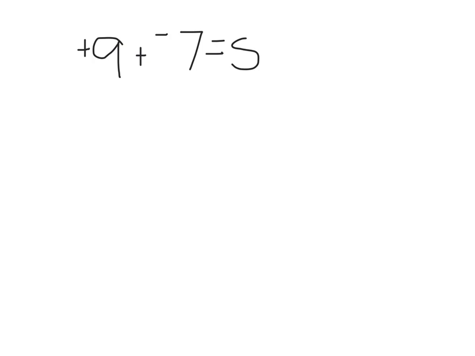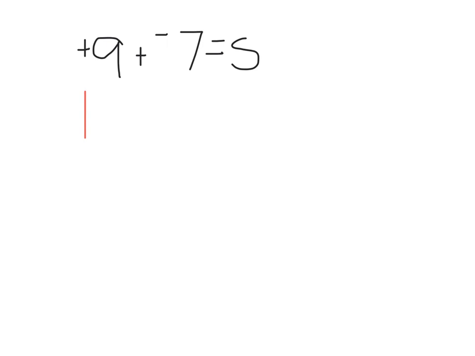So let's take a look at another example where we're going to add integers with unlike signs. We're going to subtract the addend with the lesser absolute value from the addend with the greater absolute value. So we have the absolute value of 9.